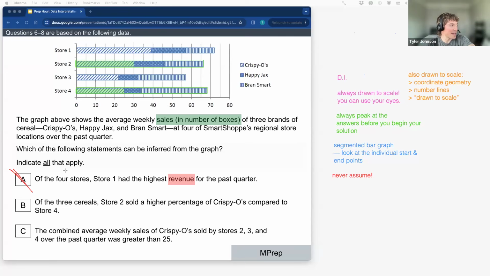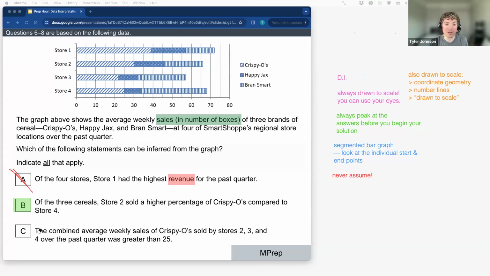And the answer is going to be yes, because it has a higher number of boxes sold out of fewer total boxes. So if it's a higher absolute number out of fewer total, that will always lead to a higher percentage. And I didn't have to calculate anything there. It was just a matter of looking and using logic.